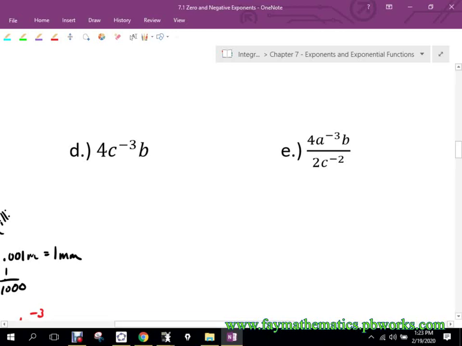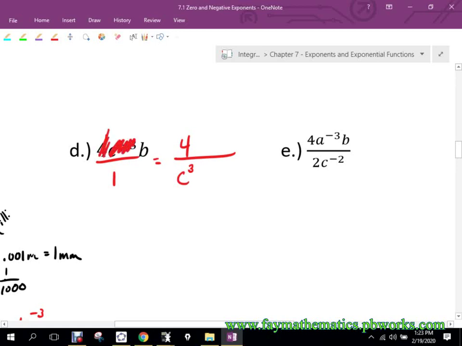Let's put that over 1. What's the exponent with the 4? 1. Okay, so positive or negative? Positive. So where's it going to go? It's going to go on top. So 4 the first. So now what's the exponent that goes with C? -3. So where's that going to go? Bottom. Okay, so I've used the 4.